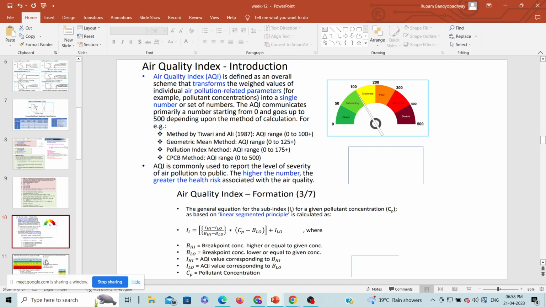The next topic is air quality index. We also learned this, and it is an important topic, so you can expect questions from here.